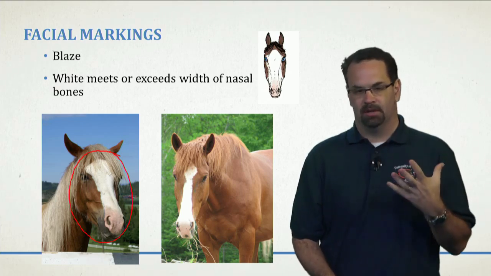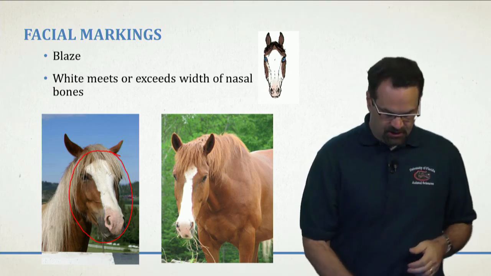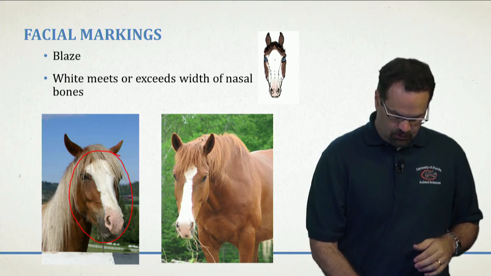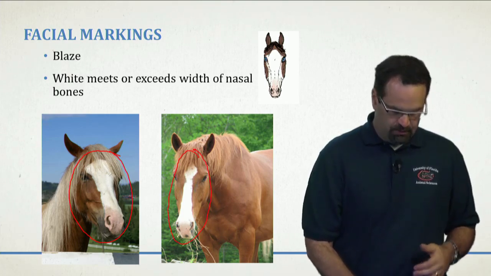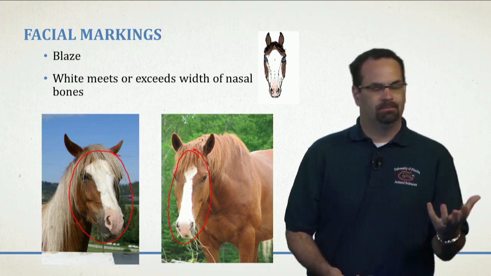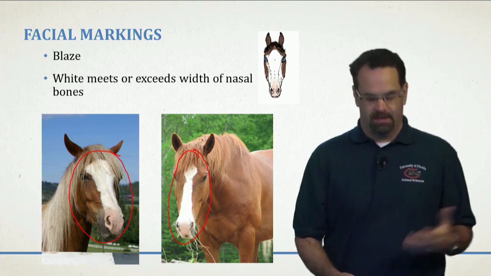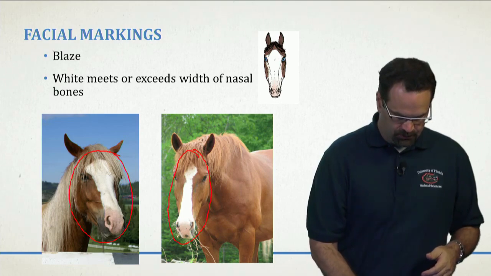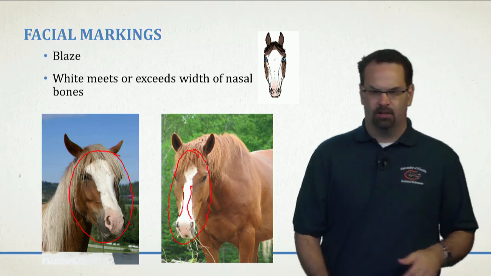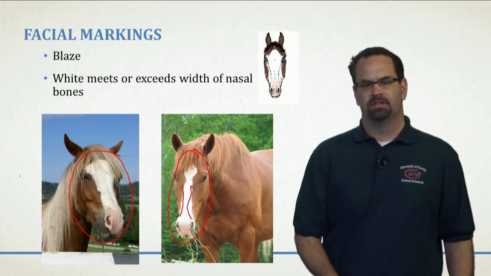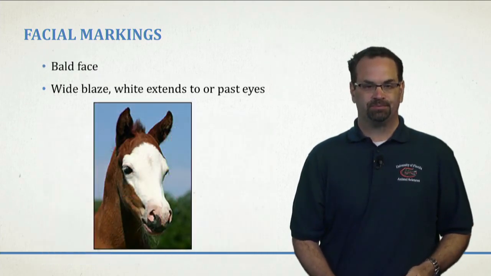It's clearly a blaze. Now it gets a little tricky with horses that are in between, where maybe somebody would say star, strip, snip. You can get away with that. But this one you would probably clearly define as a blaze because it's meeting or exceeding a little bit of the nasal bones there. So that's what a blaze would look like.